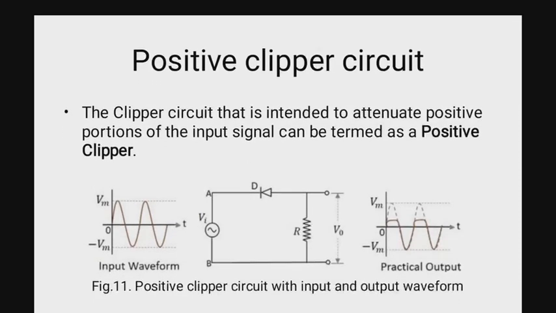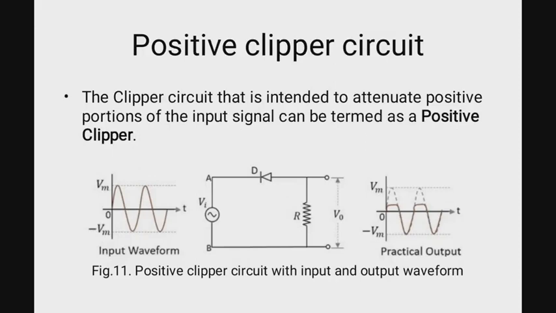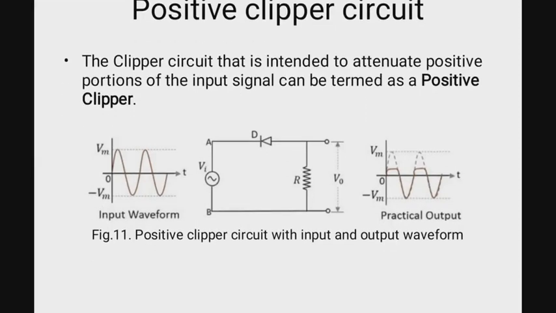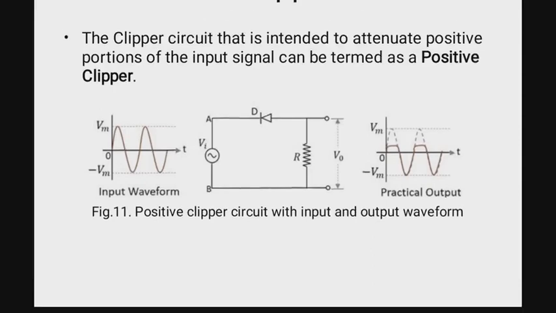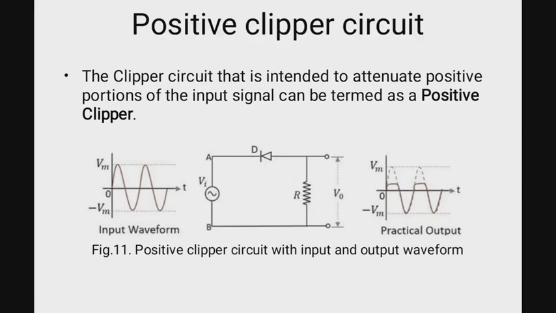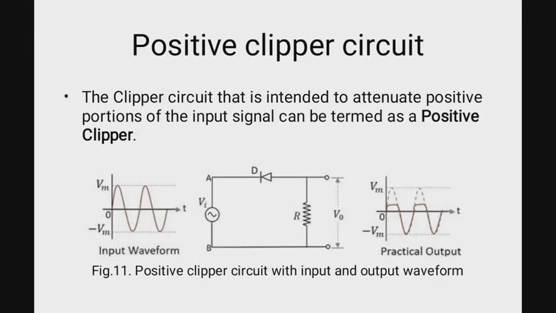So the diode is in blocking state, reverse mode, or non-conducting state. No current will pass, so it is basically an open circuit condition, and no current will pass across the load terminal.